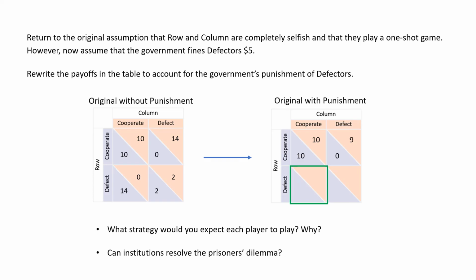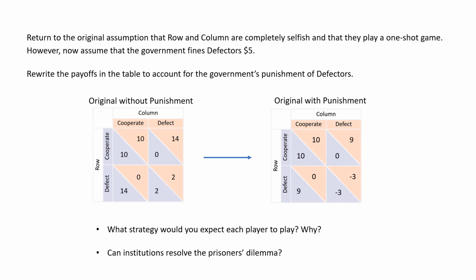So the row player's payoff changes to 9 and the column's payoff changes to 0. And lastly, when both players are defecting, both players get punished. So the payoffs both change to -3 and -3 because 2 minus 5 is -3.